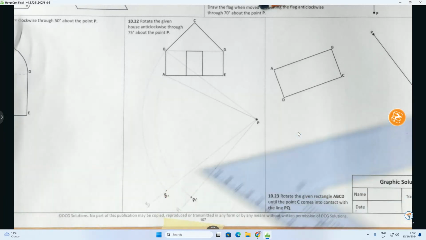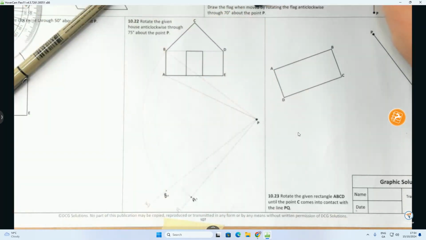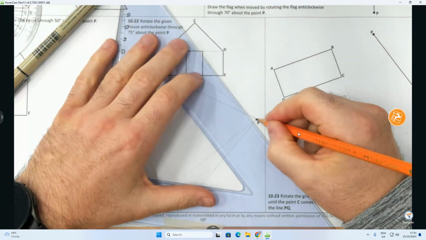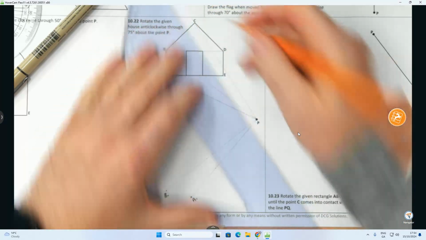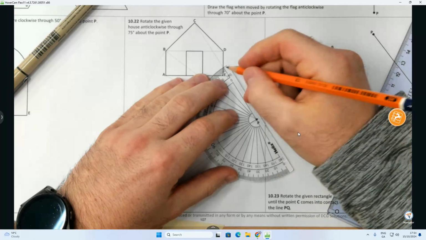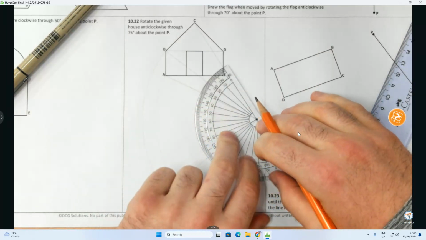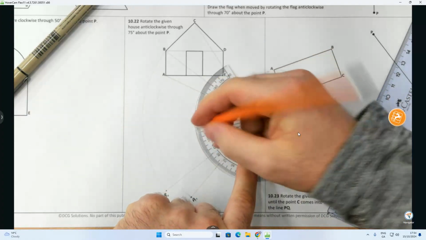So I found A. I know A connects to B. I'll draw them in a minute, I won't do it yet. Now I'm going to do C. So P to C. Put my protractor on P, the 0 point of the protractor resting on it. Follow it around to 75 degrees.